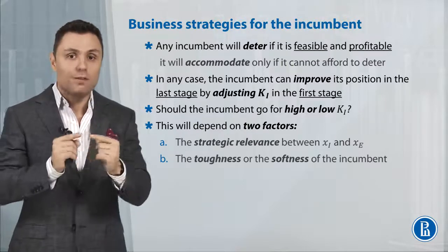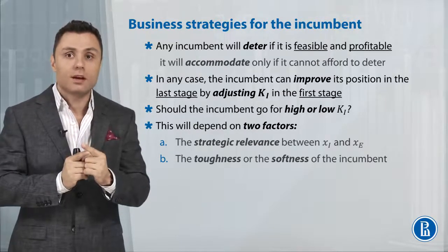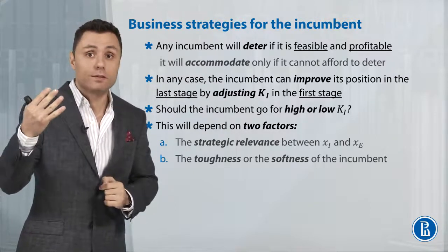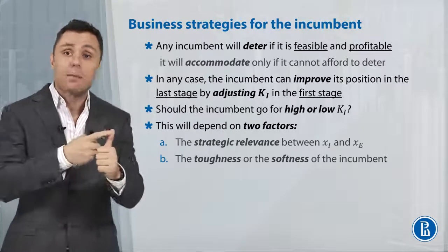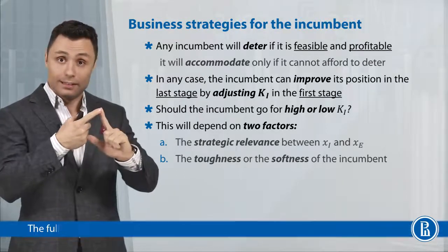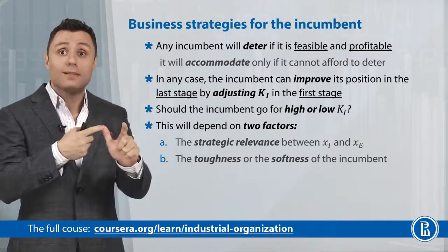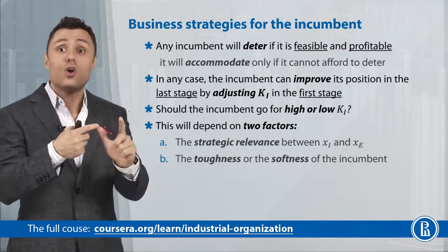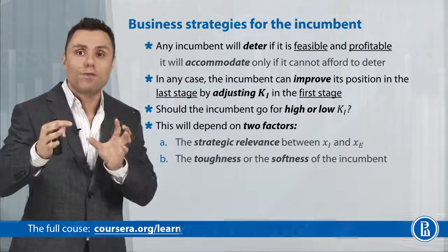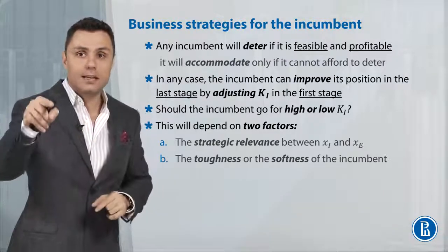These two factors will give us 4 different combinations: substitutes and toughness, substitutes and softness, complementarity and toughness, or complementarity and softness. And we will see what happens in all 4 of these cases in the next segment.